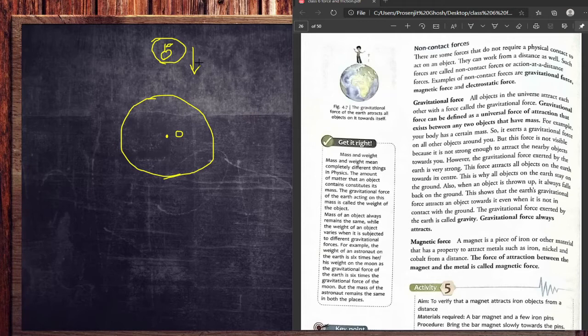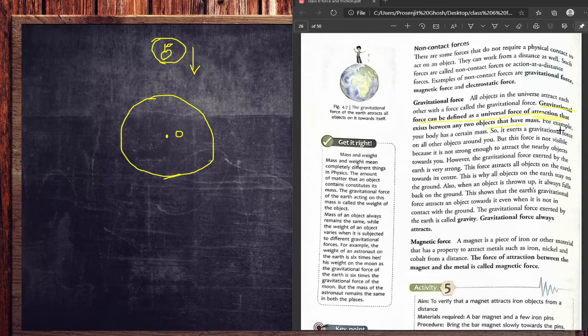The more the mass of any body, the more the attraction force. The gravitational force can be defined as the universal force, which is the attraction force only.